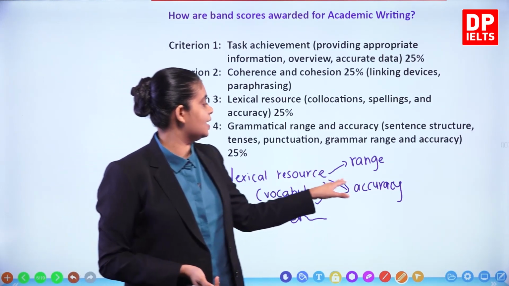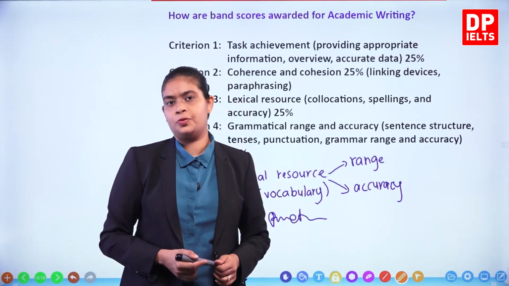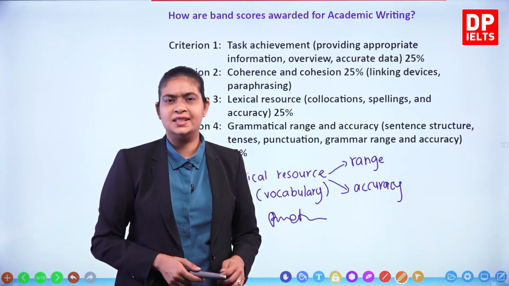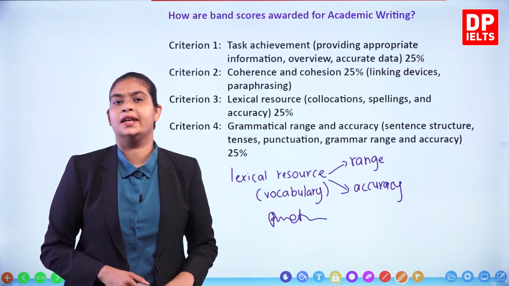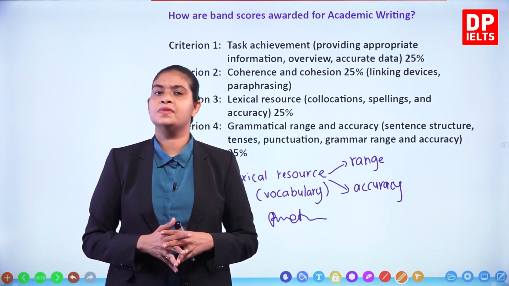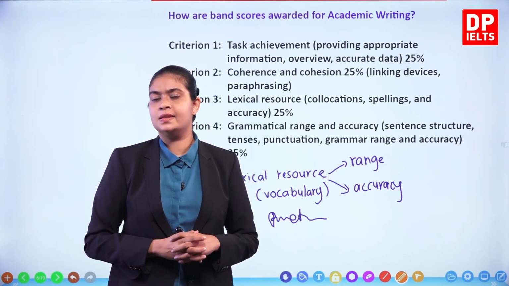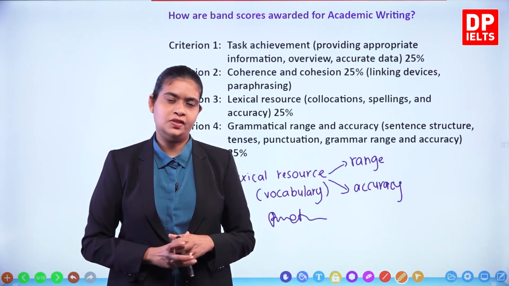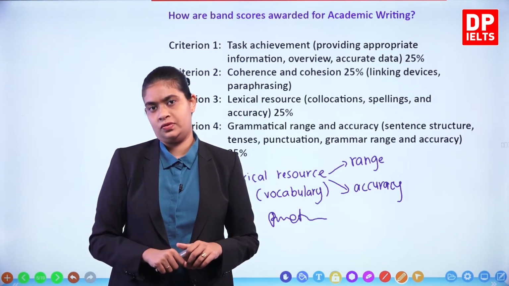So accuracy, I spoke about it. You should use it properly. So a little girl, a small girl, a tiny girl, which one is right? Sometimes you can find similar words for the same word, but you can't use them everywhere. So that accuracy is important.